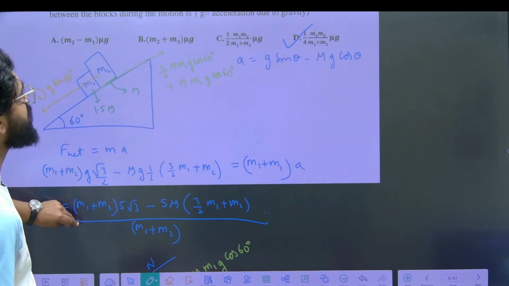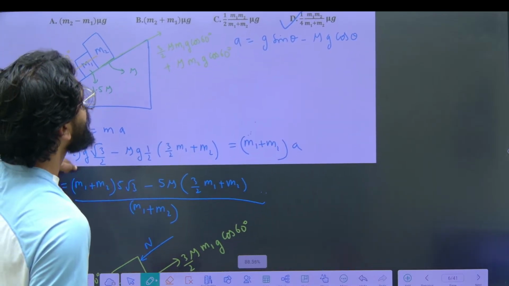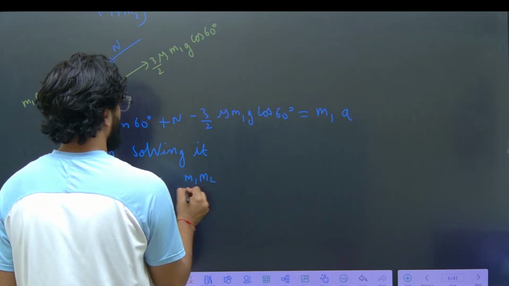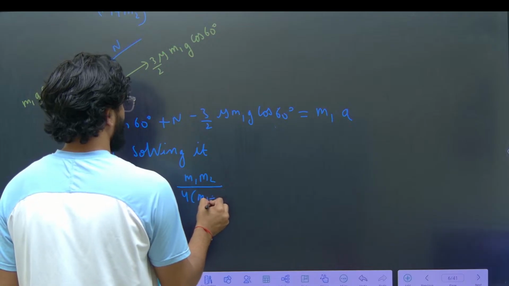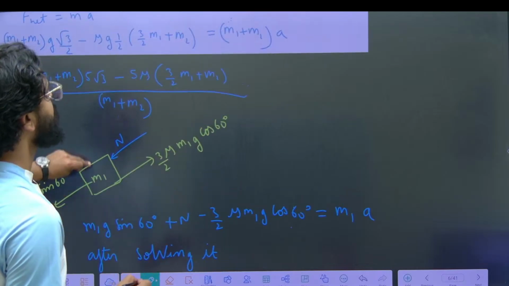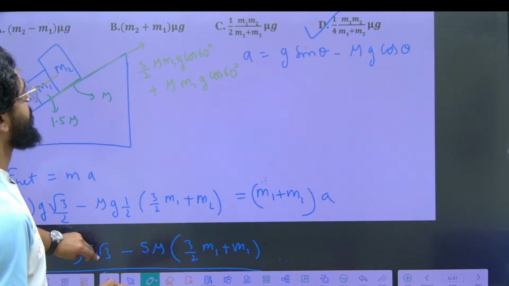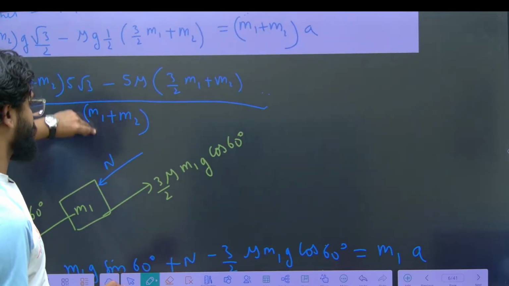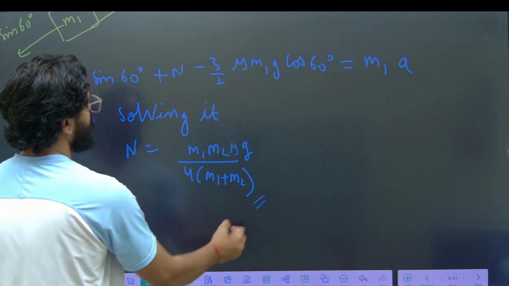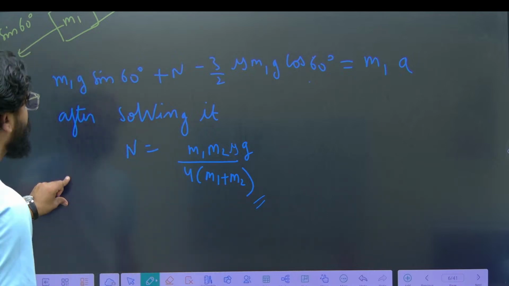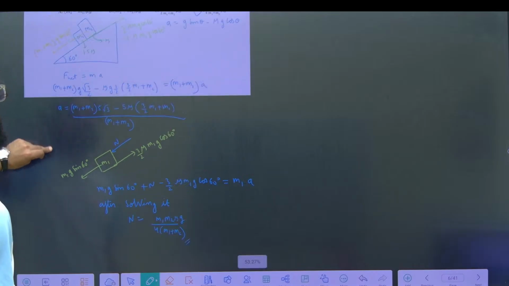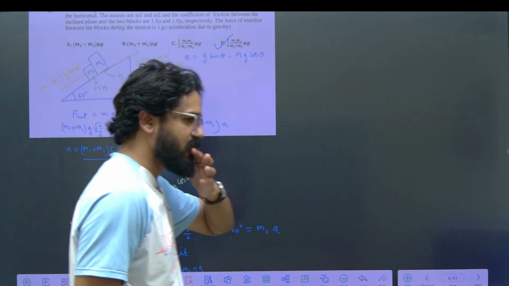It's nothing for you, just peanut. m1 m2 upon 4 (m1 plus m2) into g, correct, into mu. Yes, so this is the answer. Okay guys, chaliye. Just the equation was little messy, otherwise it's a very easy question concept wise.